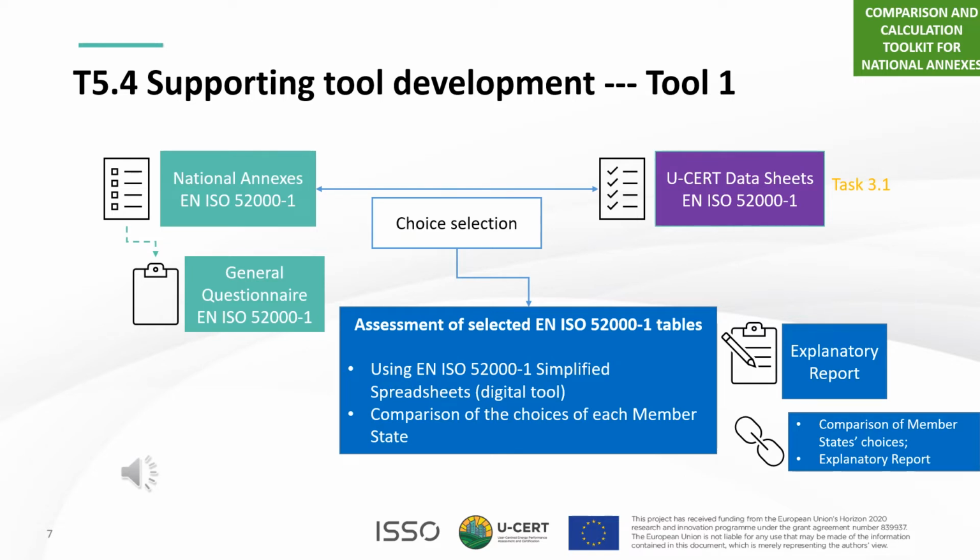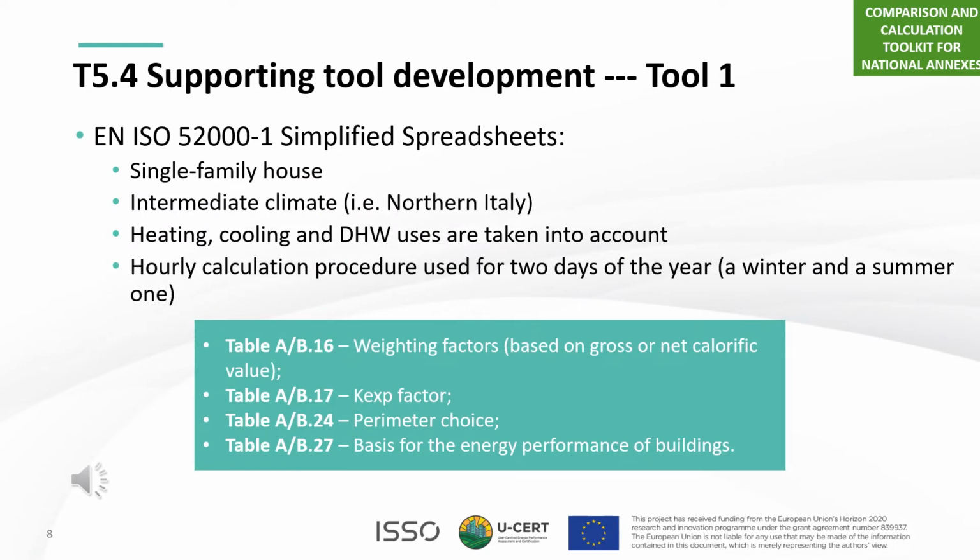Additionally, as a result of a deep study of EPB standard EN ISO 52000-1 and multiple meetings with the EPB Center experts, helpful material has been written and compiled in an explanatory report for each selected table. Both the cross-comparison paper and the explanatory report are connected by links which can be found in the digital version of the simplified spreadsheets. Let's start analyzing this set of simplified spreadsheets.